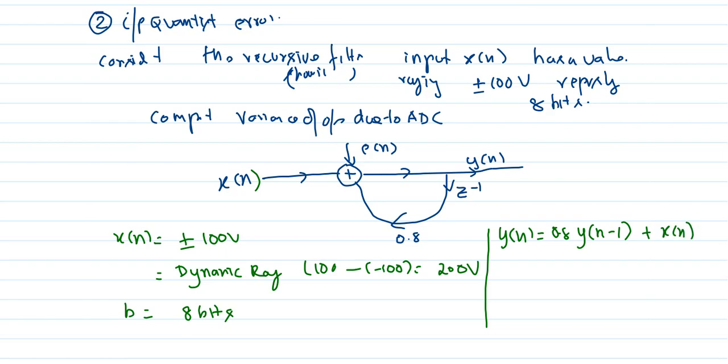If you take the Z transform, y of z equals 0.8 Z inverse y of z plus x of z, and the system function y of z by x of z will be 1 by 1 minus 0.8 Z inverse, or in other words H of z is 1 by 1 minus 0.8 Z inverse.